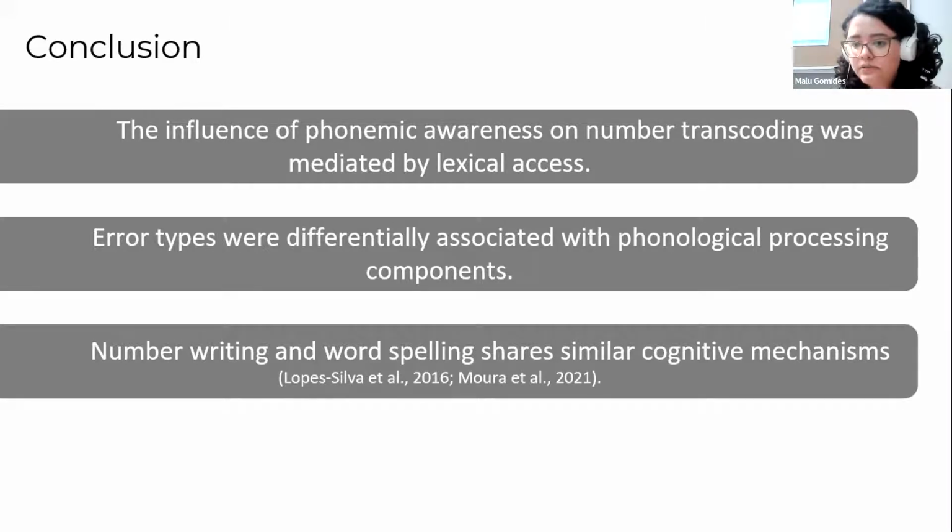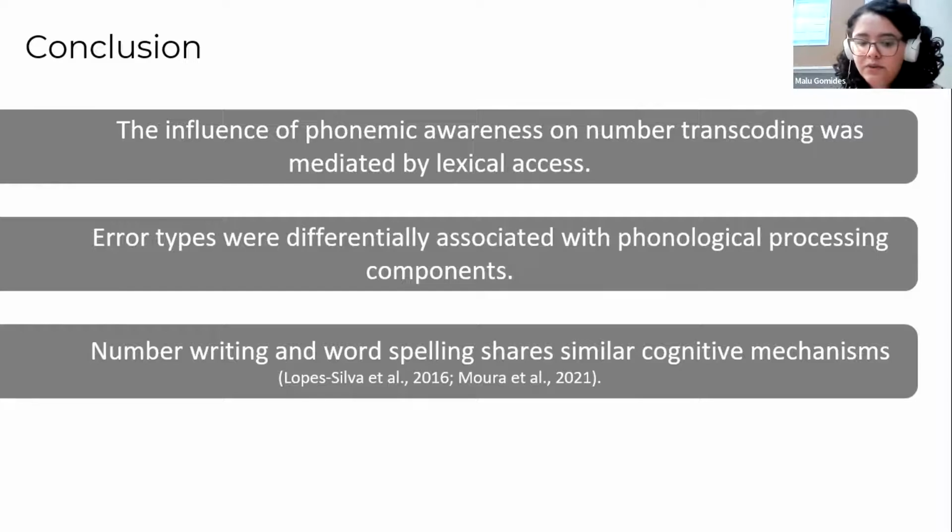We also found that the error types were differently associated with the phonological processing components, which is in line with our expectations. And this finding supports our hypothesis that these cognitive mechanisms would be important for different steps of the number transcoding process.